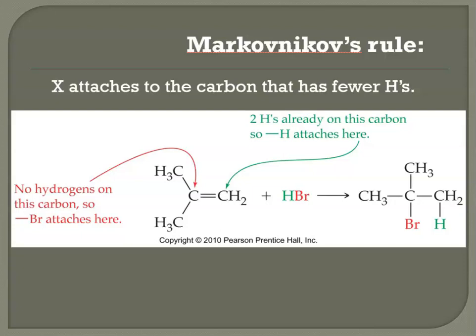So the more substituted carbon, so that's this carbon right here, right? That carbocation is going to be more stable, and that's why that bromine is ultimately going to bond to that carbon. So again, when we have those partial positive, partial negative charges, this is going to force this type of final product, and that's called Markovnikov's rule, if you recall.